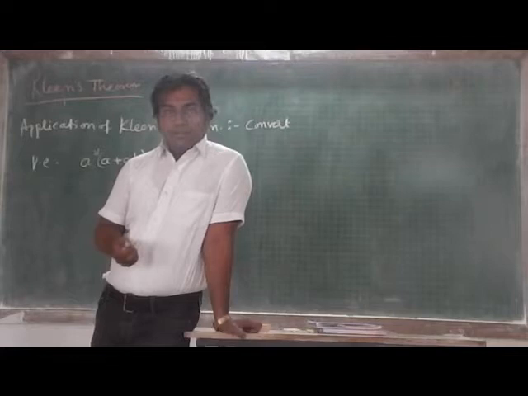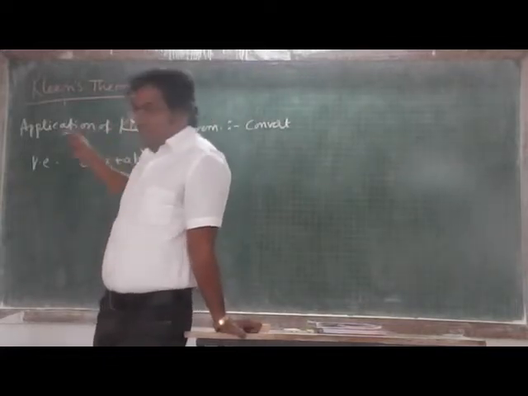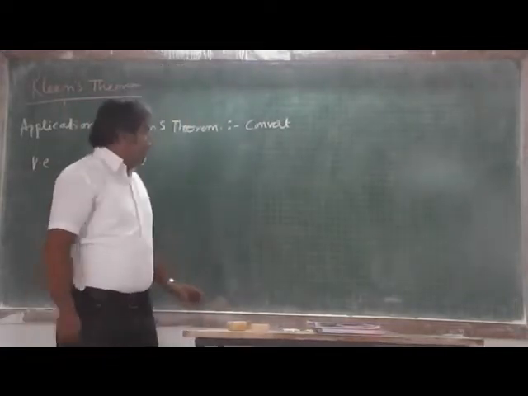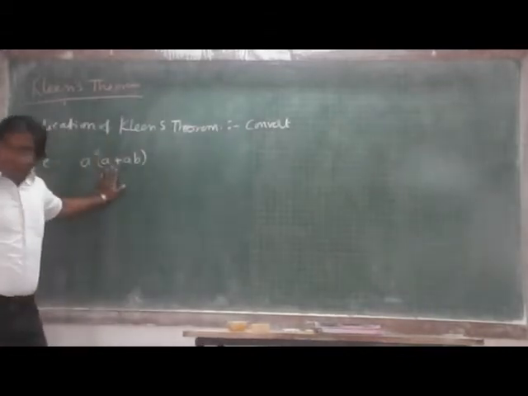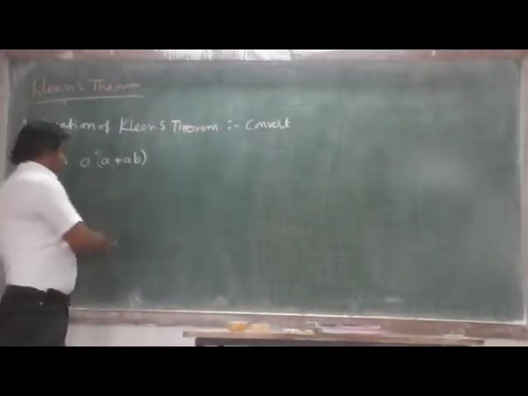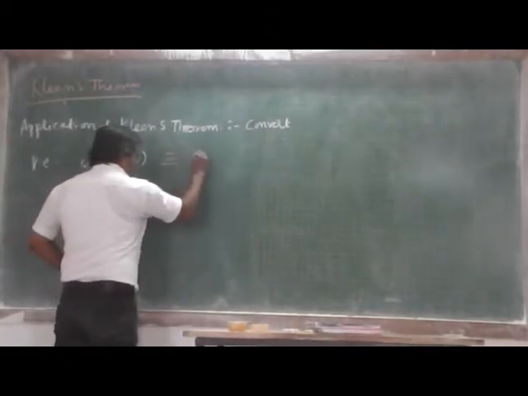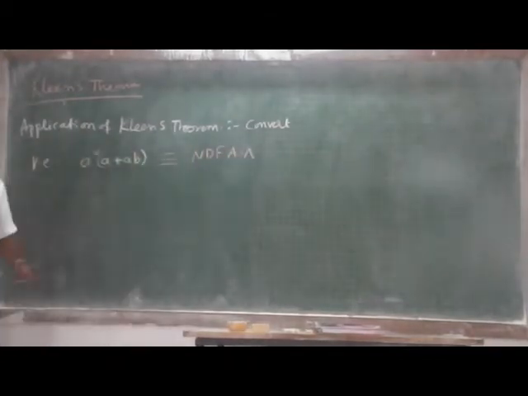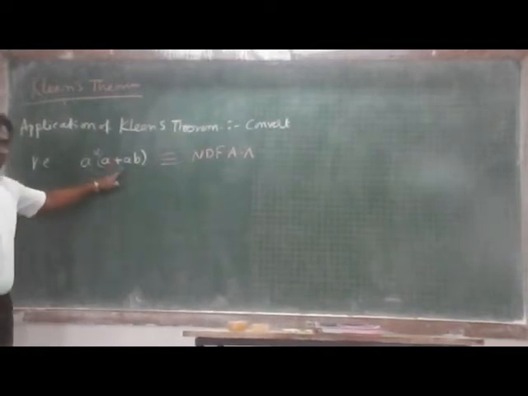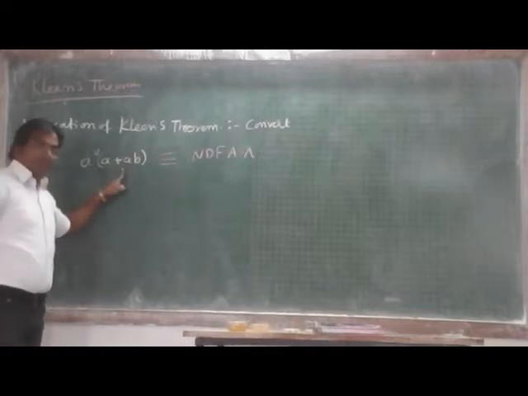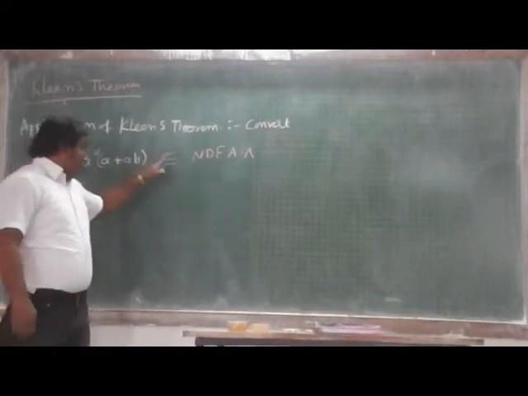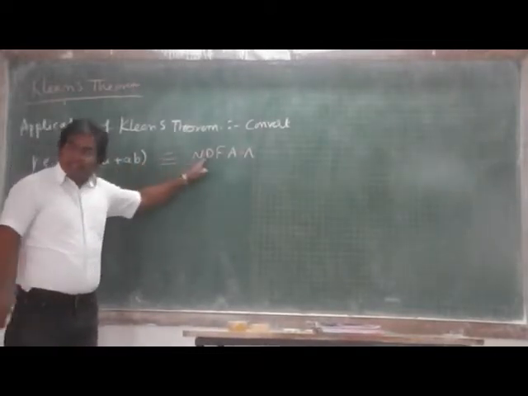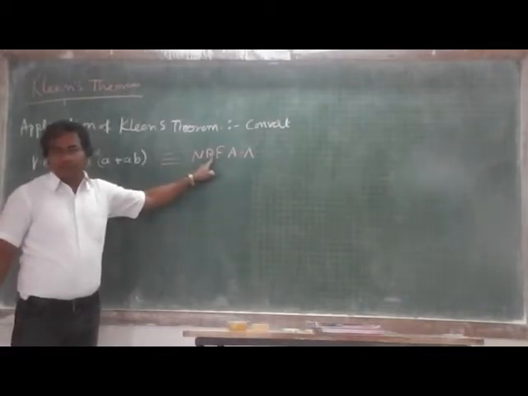In short, for any regular expression, the equivalent NDFA with null moves exists. That we exactly proved. For every regular expression, for example the one we have taken here, sit down please, there is an NDFA with null moves.